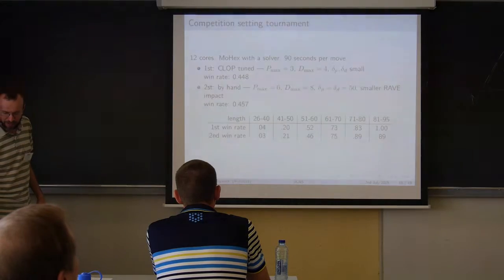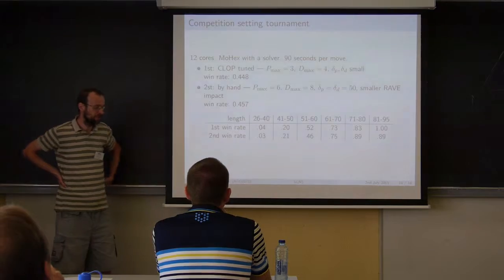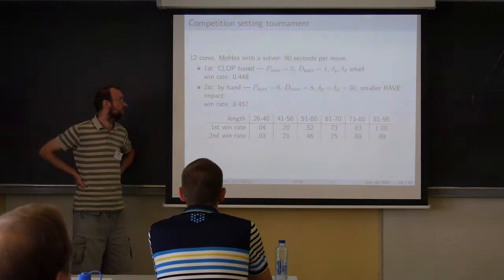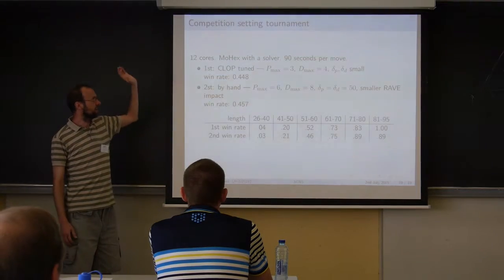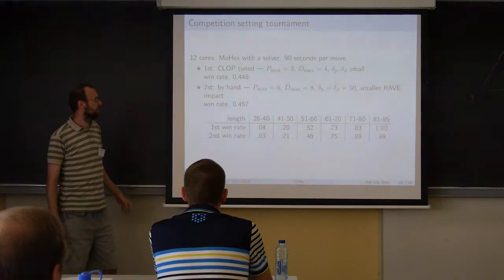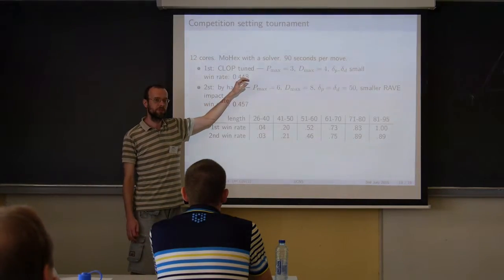And yeah, the final comparison: we played against MoHex, the strongest current program, using tournament settings, 12 cores, 90 seconds per move, and we achieved a winning rate of 0.448, so it is close.